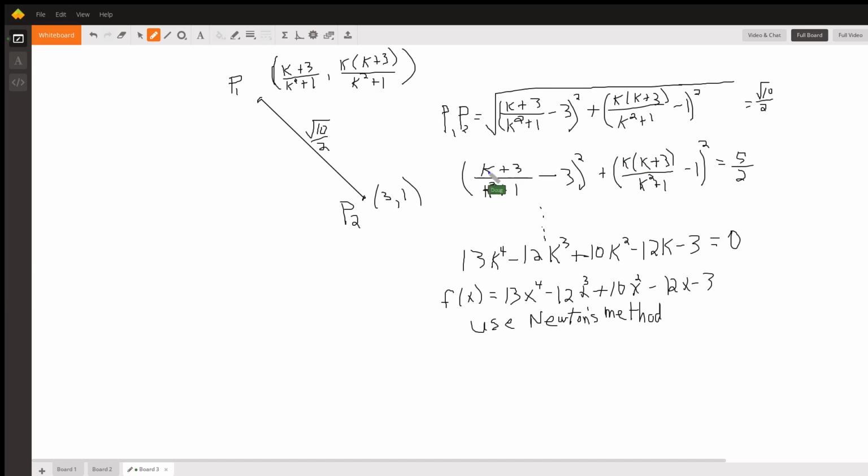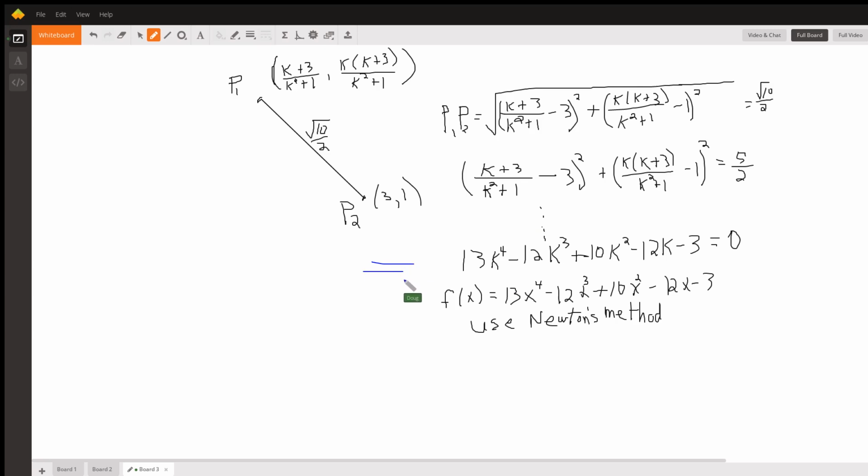And if I square both sides, I get rid of the radicals. 10 over 4 reduces to 5 halves. And now getting this into a form where you can sort of see what's going on takes some work. But eventually I ended up with this.